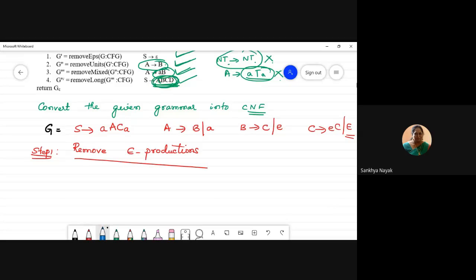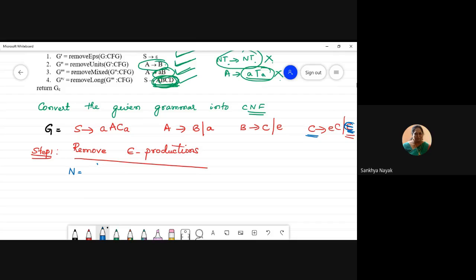As you know, here C derives epsilon. If you don't remember how to remove epsilon productions, all we do is first find which symbols are nullable. So we have to find the set nullable.